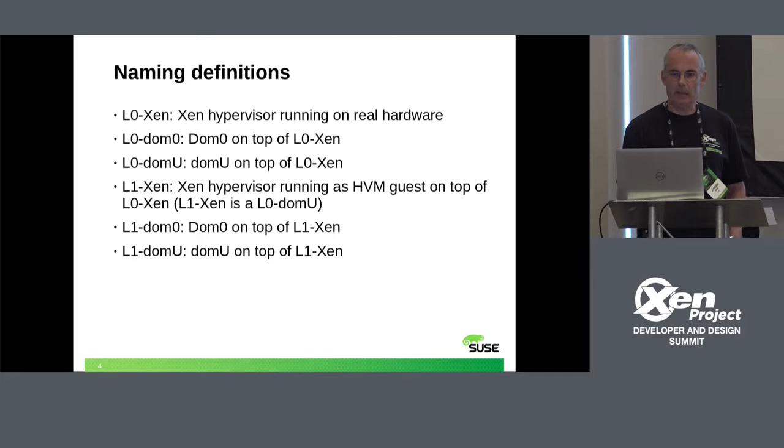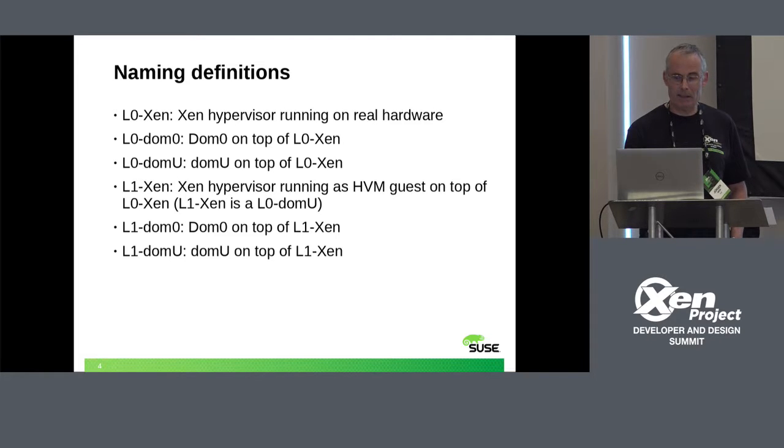So first, some naming definitions. L0 Xen, I'm naming the Xen running on the bare metal. And I have, of course, L0 Dom0, the normal Dom0, like on every normal Xen installation. L0 DomU is every DomU on top of L0 Xen.